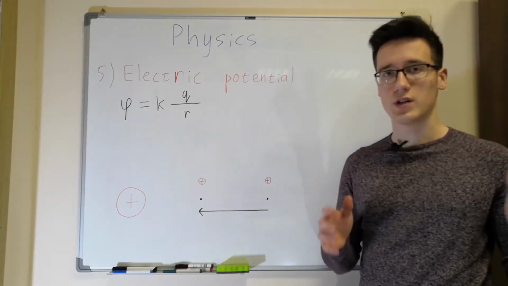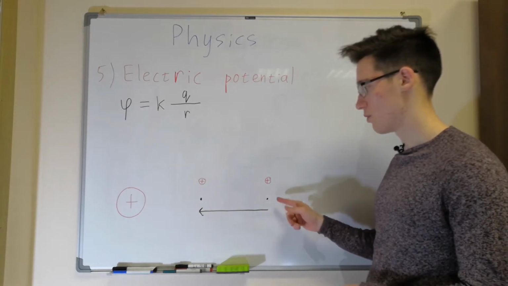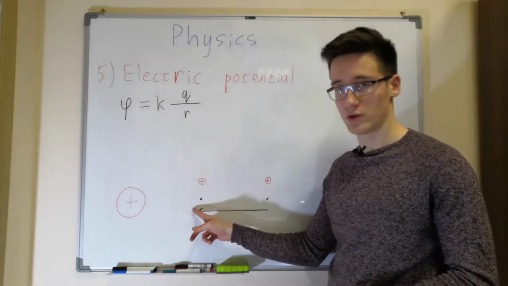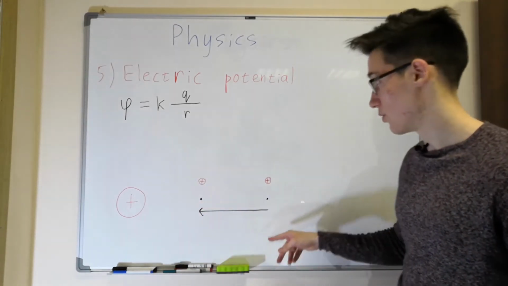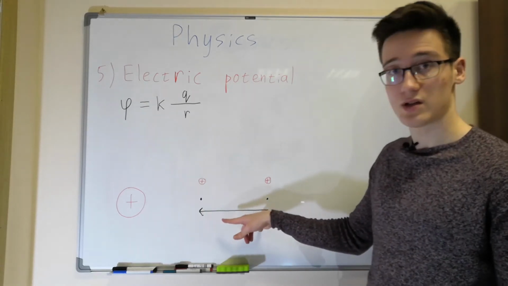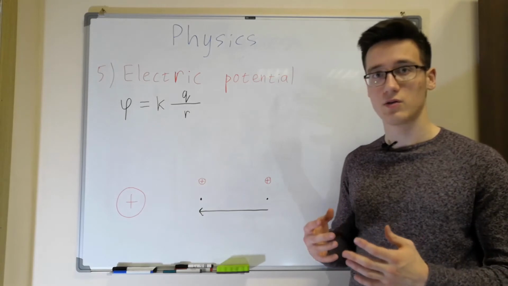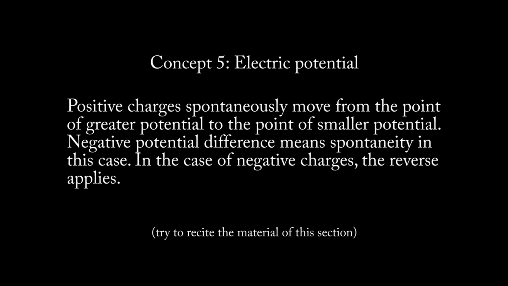Now, the work needed to be done on a point charge in order to transfer it from one point in the electric field to another point in the electric field can be calculated as the potential difference between these 2 points multiplied by the magnitude of the charge of the particle being transferred.